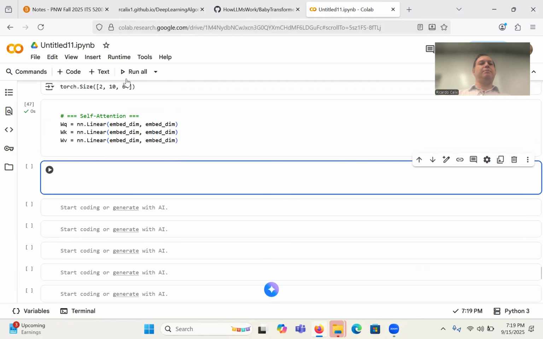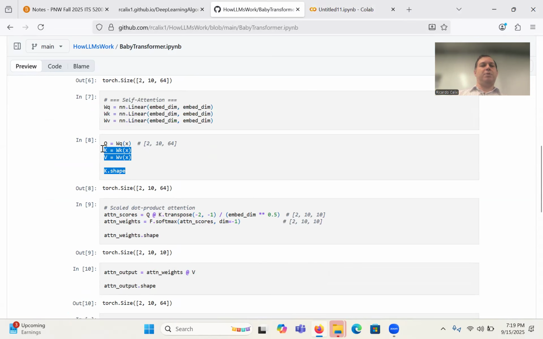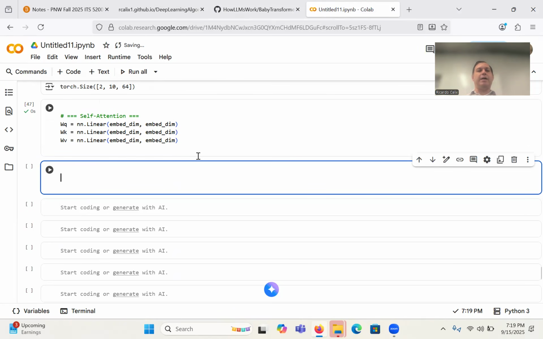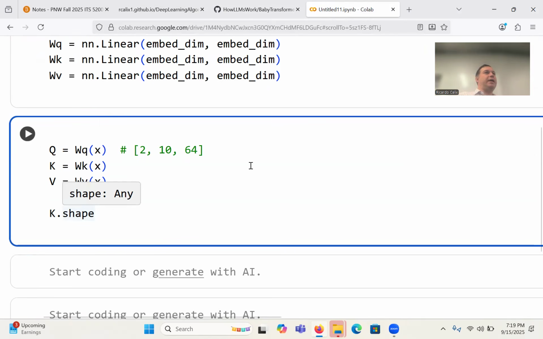Okay, so let's do that. And you guys should be able to see that here. Once again, I create my KQV by running the X through each one. Exactly what we did before, with the simplification of using nn.Linear. Does this make sense, guys?